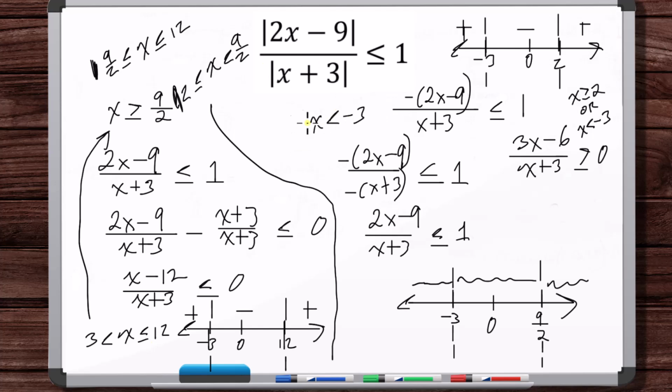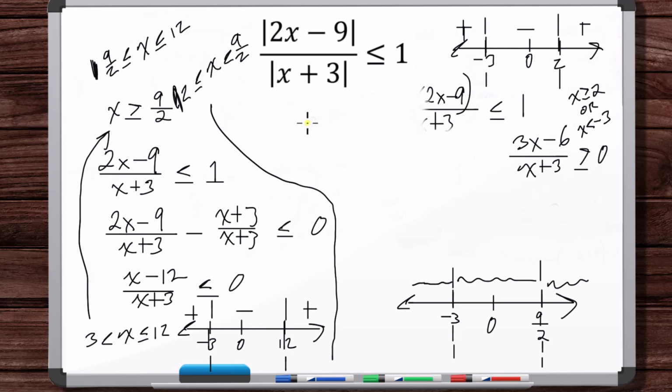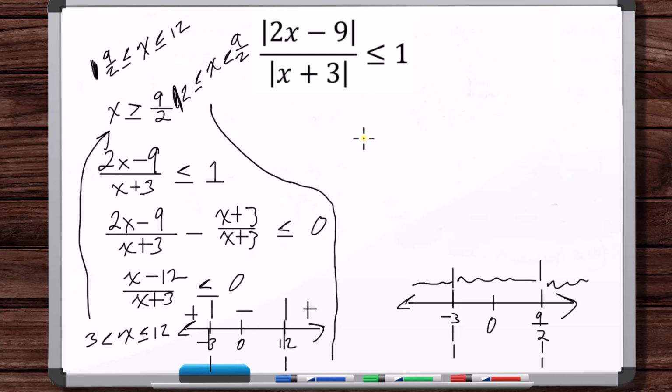All right, so those are our two solutions. We just need to condense that down with an or between those two inequalities. So let's see, we've got 0, 12, 9/2 is like 4.5, and we've got a 2 here.